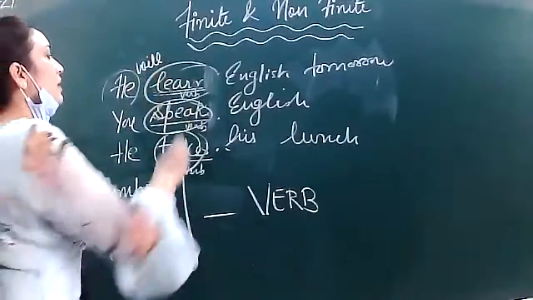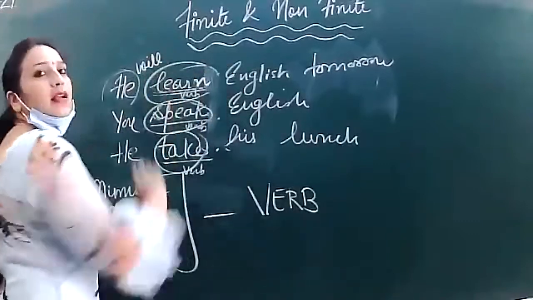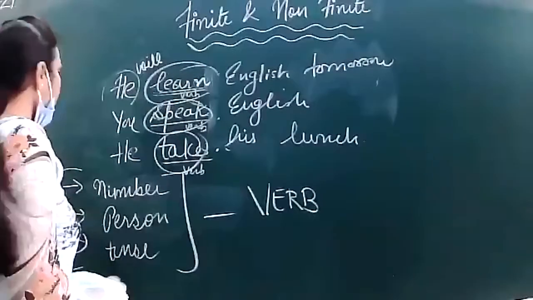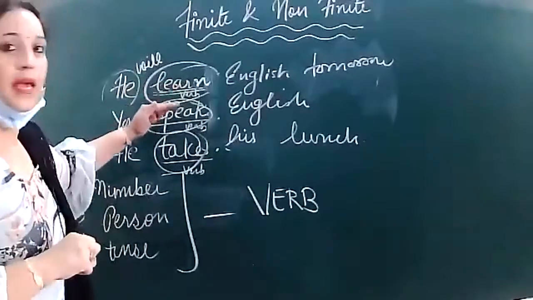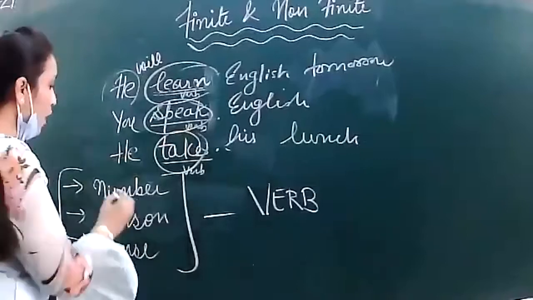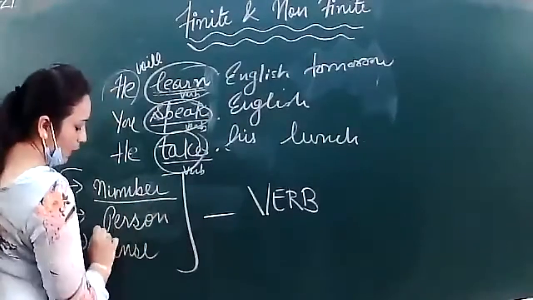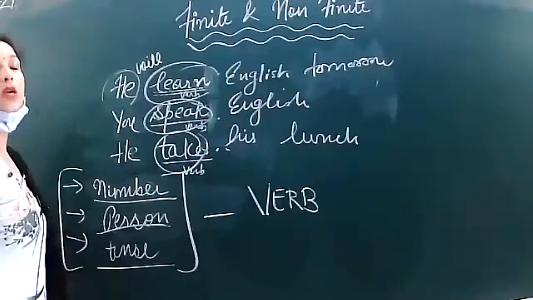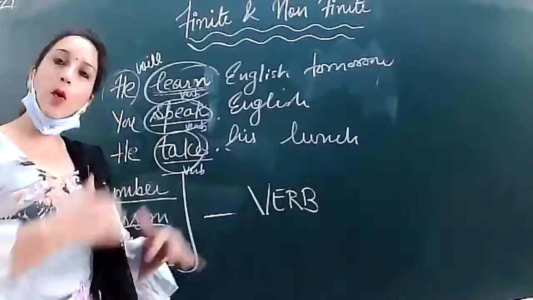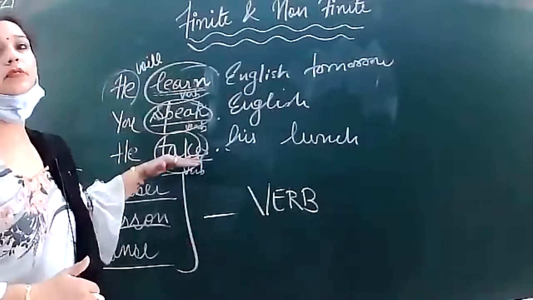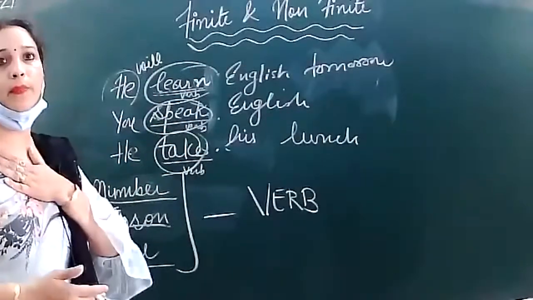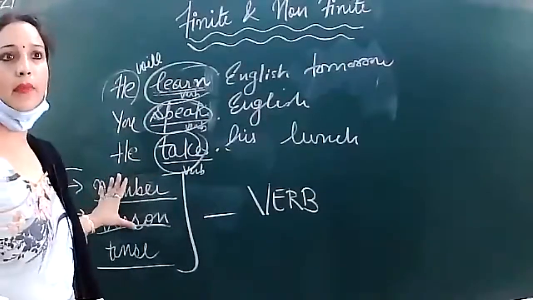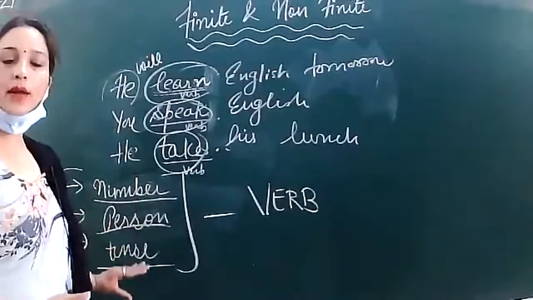I will write learn: he will learn English tomorrow. So it means these verbs keep on changing according to change in number, person and tense. So when verbs keep on changing, we can change these verbs according to our requirement, according to number, person and tense.